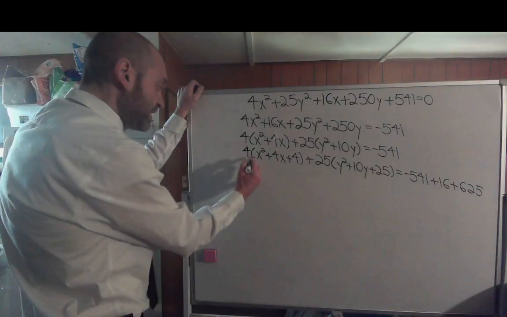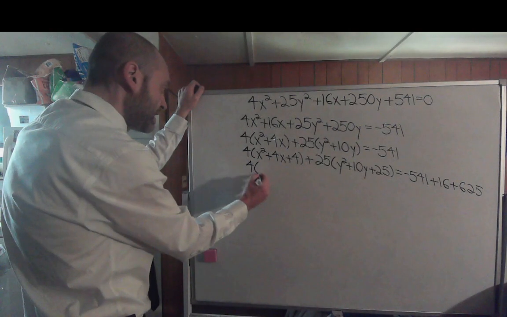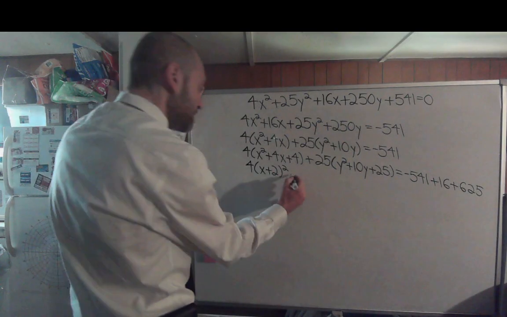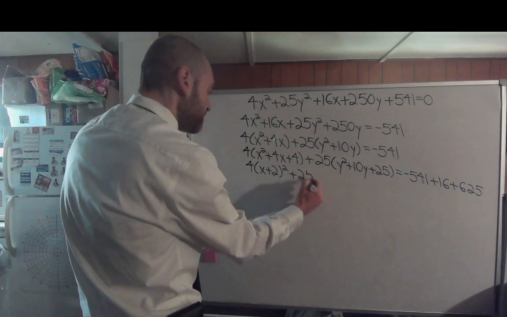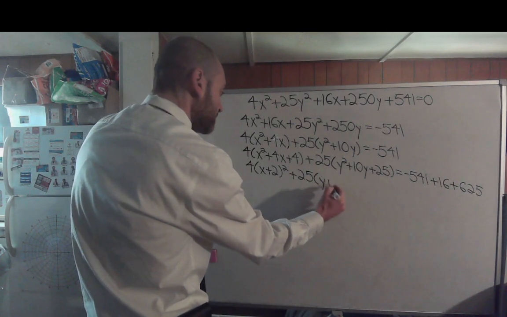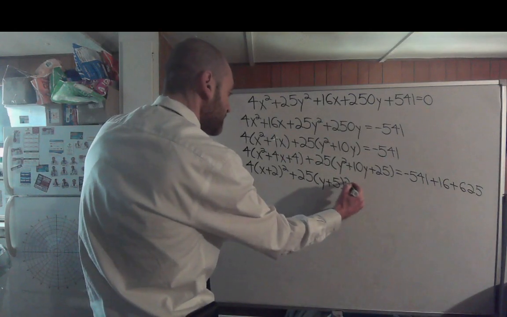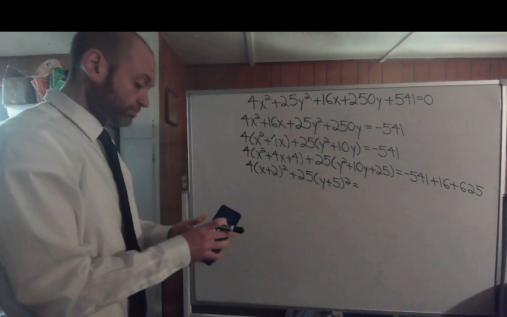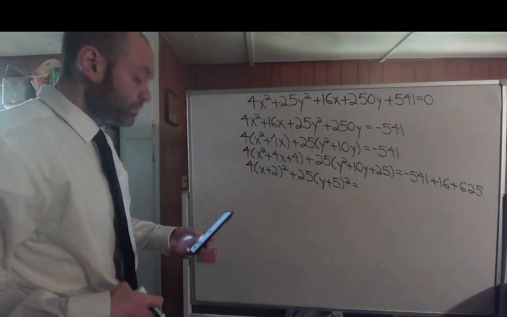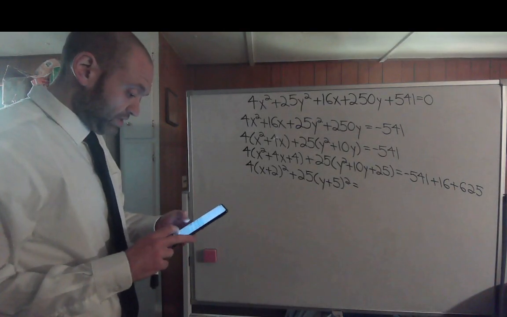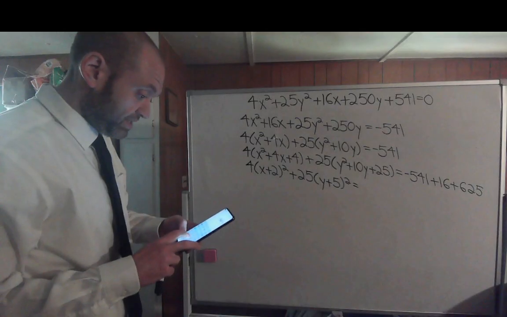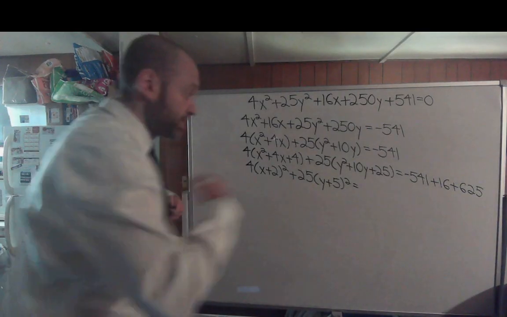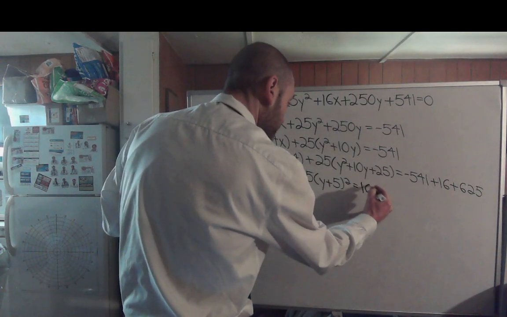So we simplify this, you'll end up getting 4 times x plus 2 quantity squared plus 25 times y plus 5 quantity squared is equal to the right-hand side. Alright, so negative 541 plus 16 plus 625 gives you the right-hand side equaling 100.